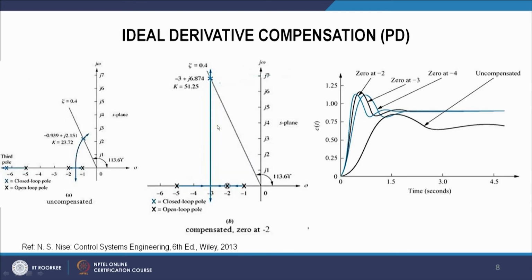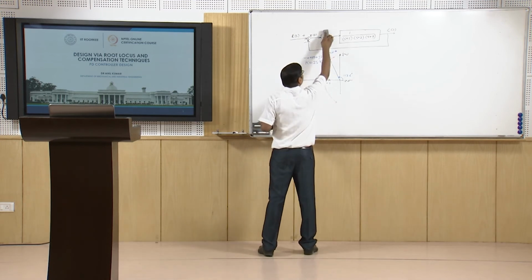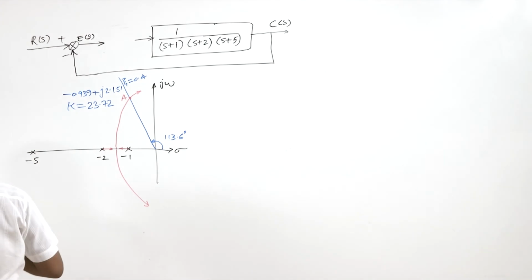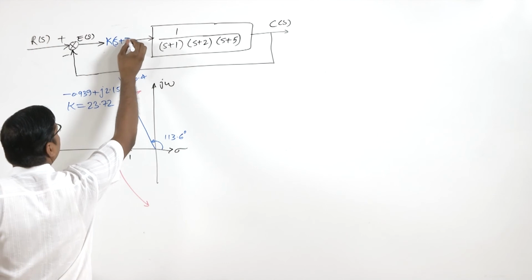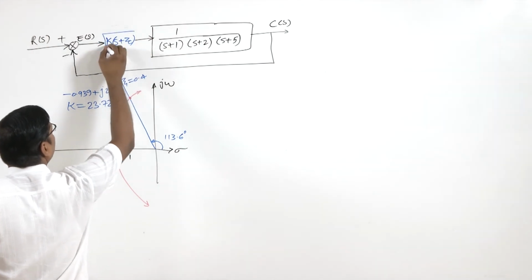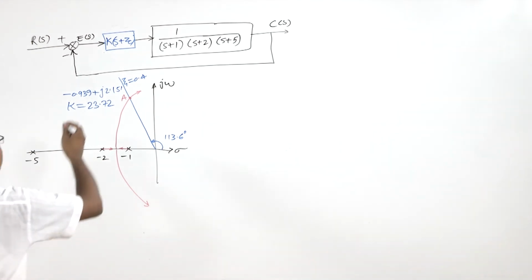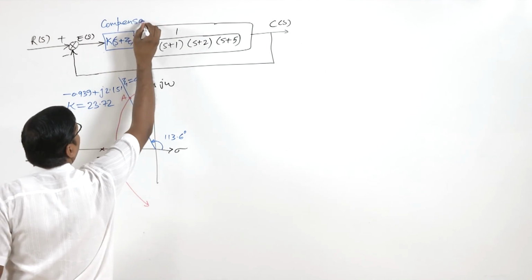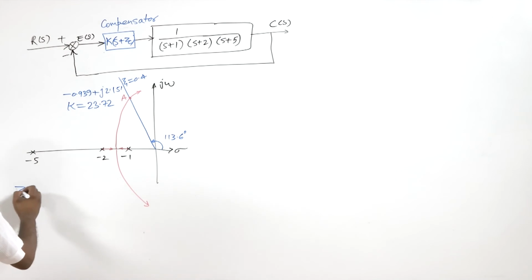Now, if we want to have a PD controller, we have to add a zero here. So it should be K (S plus ZC). This is the PD compensator. We are going to add a zero. So let us try three conditions.